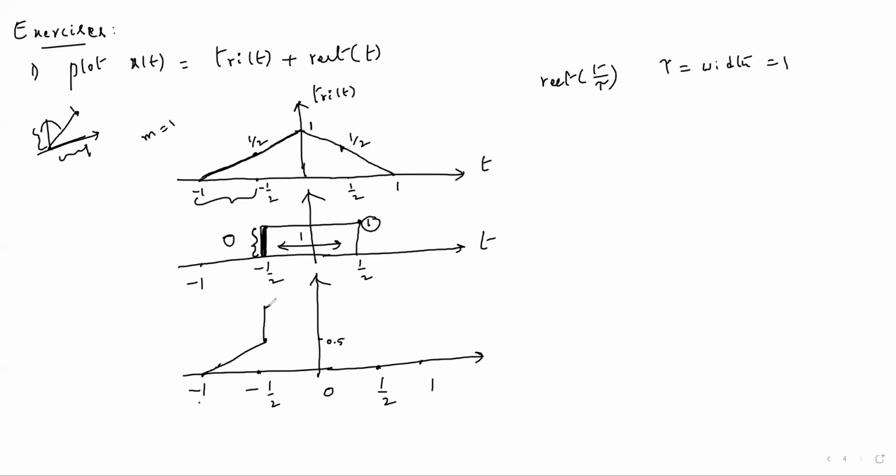After that, from half to 1 it is increasing. Every amplitude here is added with 1. That means the signal simply clamps like this. That is the left hand side. Since both waveforms are symmetric, the right hand side will get the same graph. So here at 0.5, the amplitude must be 1.5.